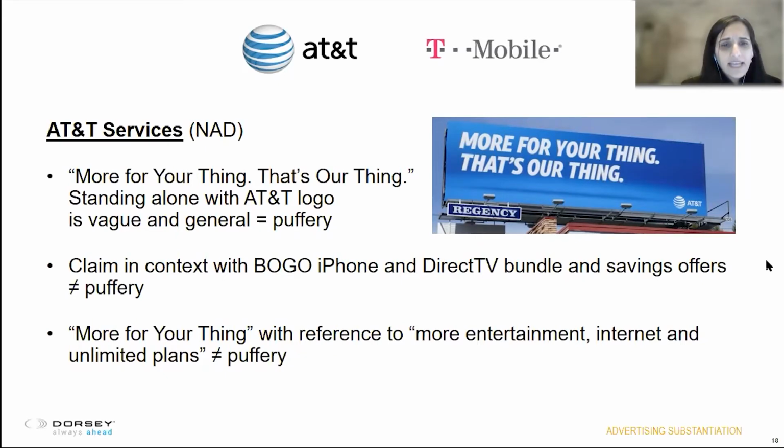But if you start putting that exact claim on a television ad or a print ad, and you start talking about, we're offering buy one, get one free iPhones, we're doing a TV bundle, we're offering savings, it starts to become more specific and it can be provable. And that's exactly what the NAD held. Look at the context of the claim. Sometimes more for your thing, that's our thing, is puffery, and sometimes, guess what? It's not.